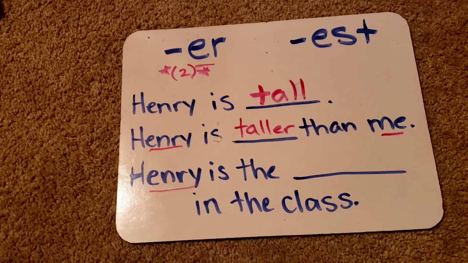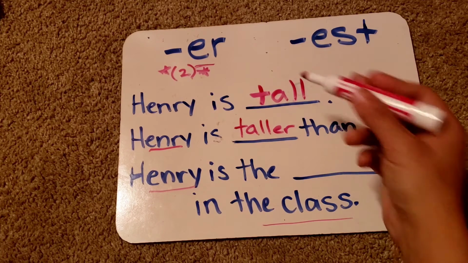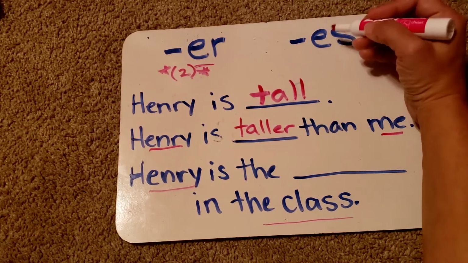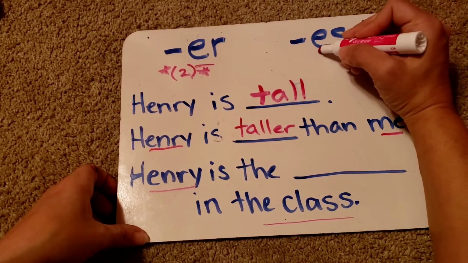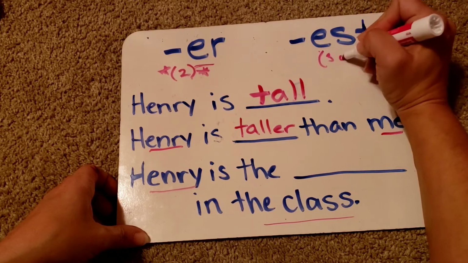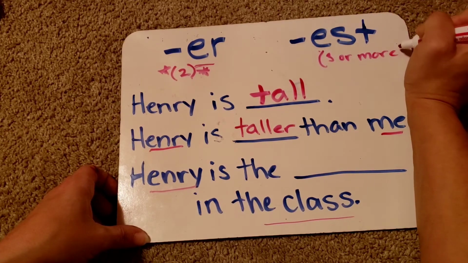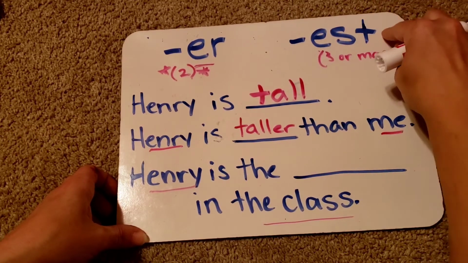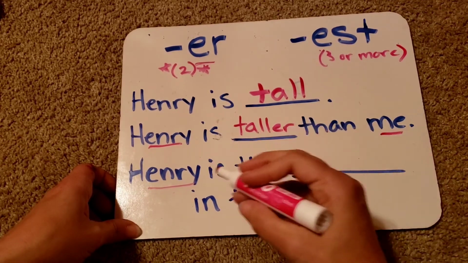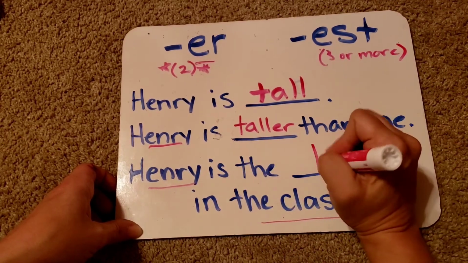Now we're comparing Henry and the class. The class is more than one person, right? So now we're talking Henry and a bunch of other kids. So it's more than two. So when you are comparing three or more things or people, you're going to use the EST at the end.